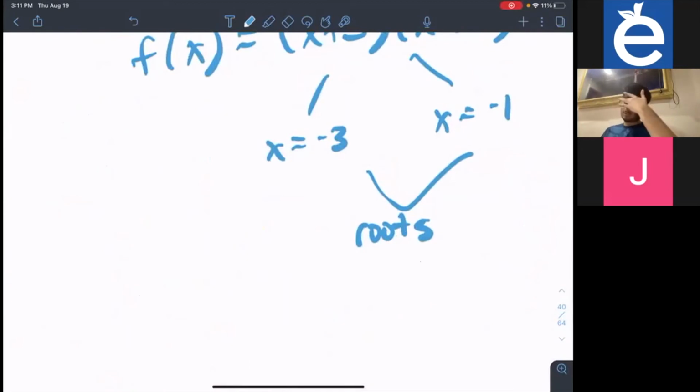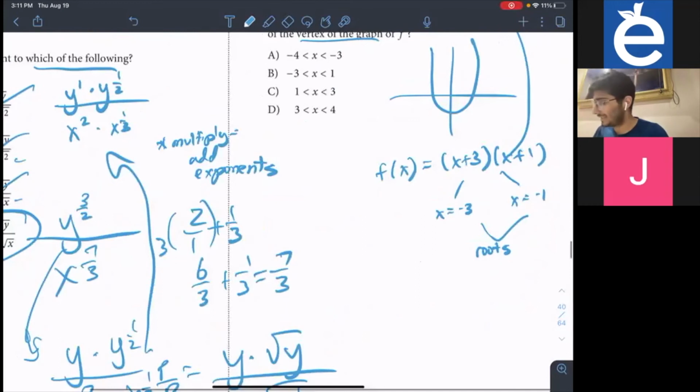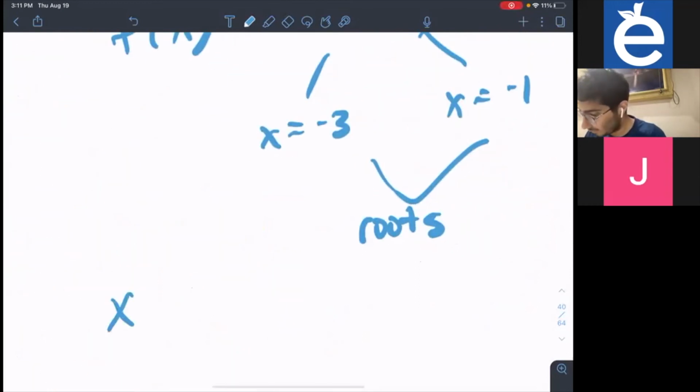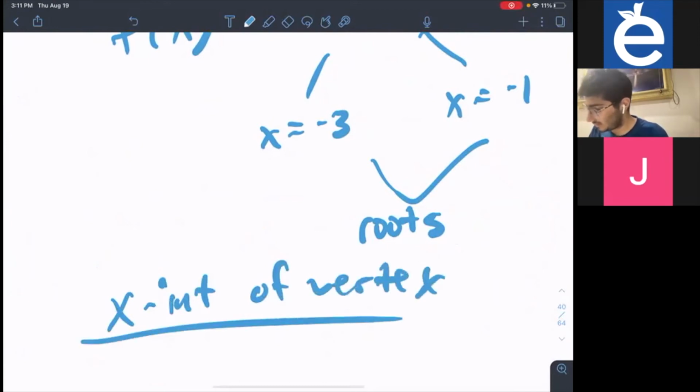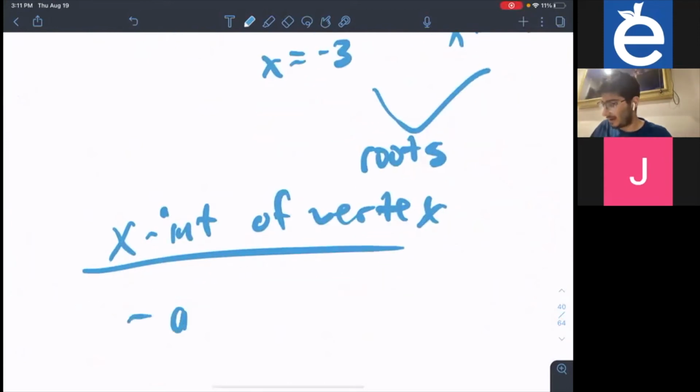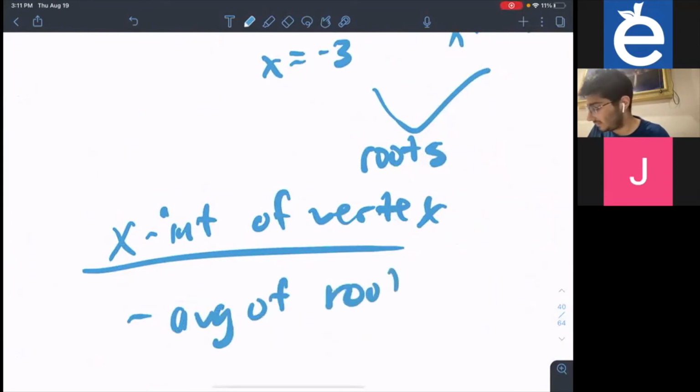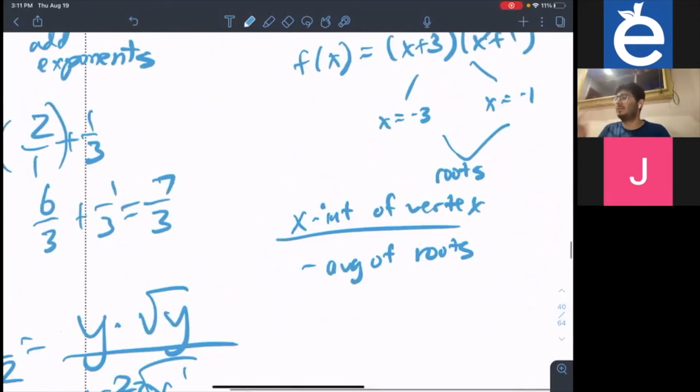There's a trick. There's a technique that not a lot of people know. The technique is that if you want to find the x-coordinate of a vertex, you basically take the average of the roots, because the vertex is always going to be in between.